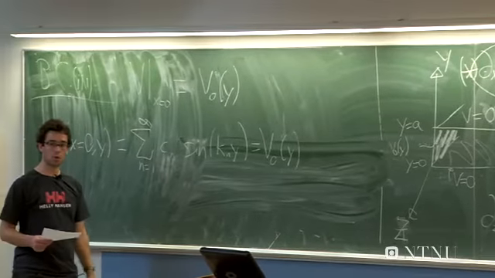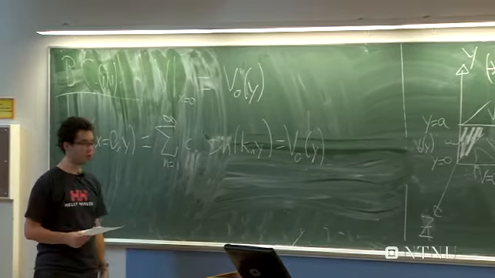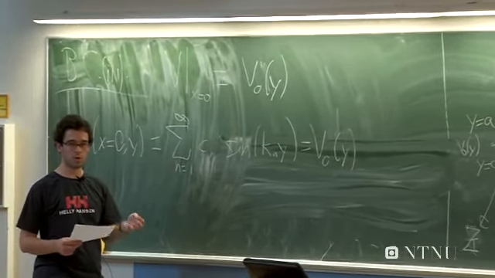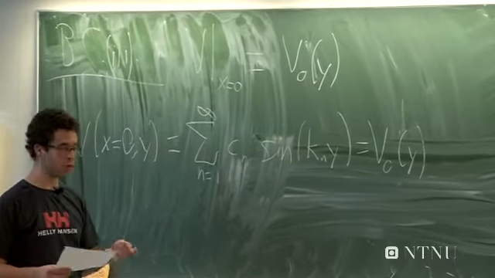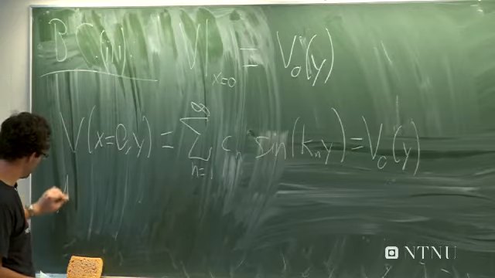And now, of course, this starts to look like a Fourier series, and it is. So we're going to figure out what Cn is. And when we figure out Cn, we're going to know the solution. And we're going to use Fourier's trick, which is just the following.